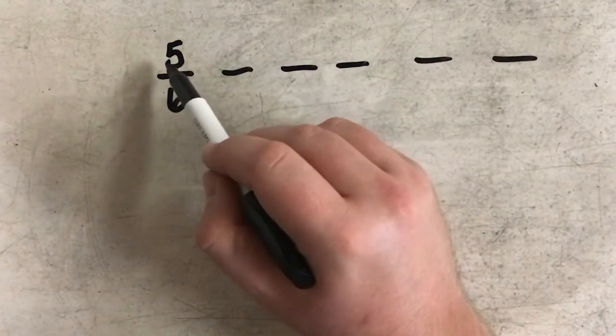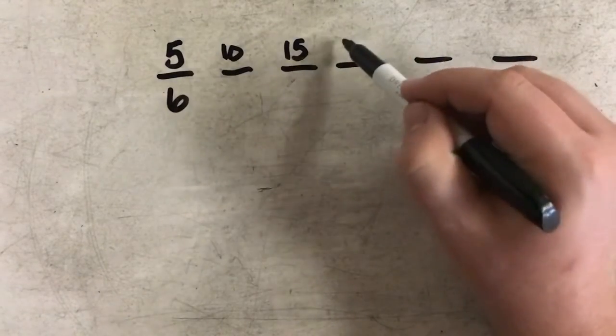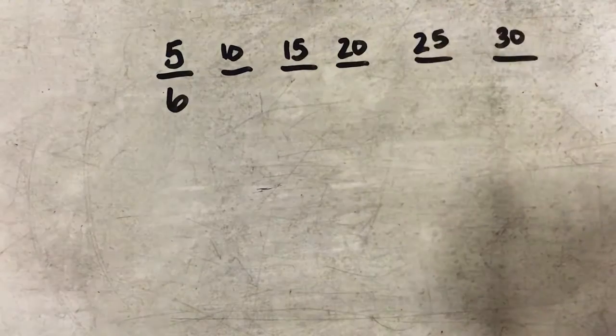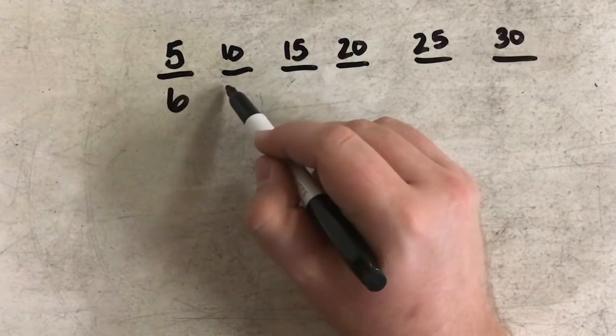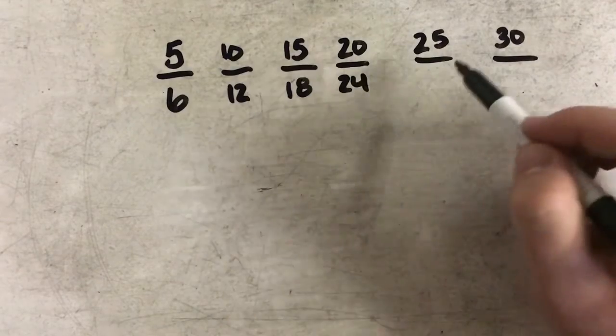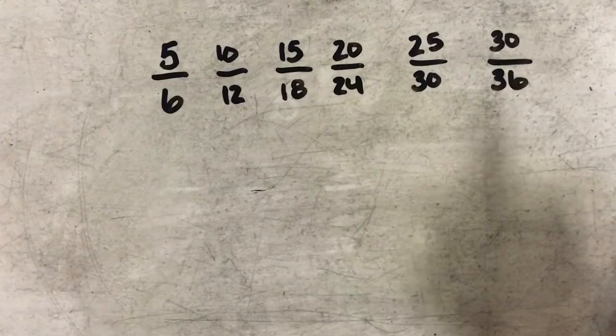So the multiples of 5 start at 5, followed by 10, 15, 20, 25, and 30. And the multiples of 6 start with 6, 12, 18, 24, 30, and 36.